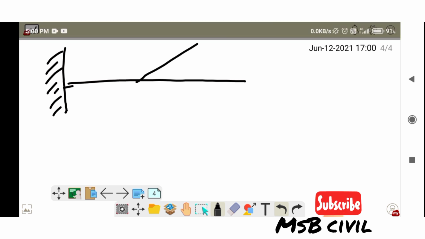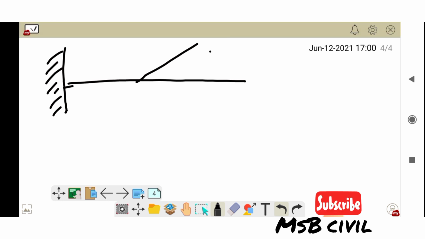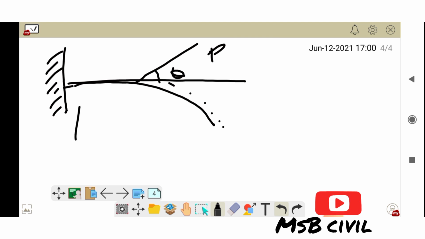This is a fixed support, and here is a point load P, and here the deflection occurs. When the load acts, the deflection occurs and the angle theta is created. This creates a vertical reaction, that is Ry.